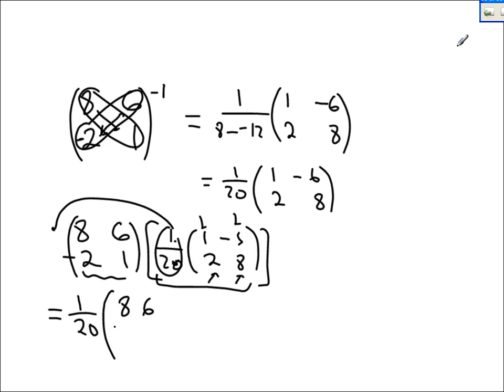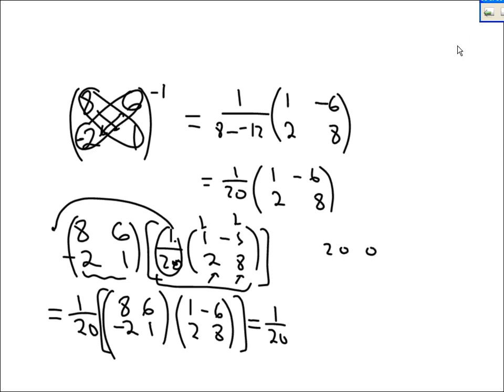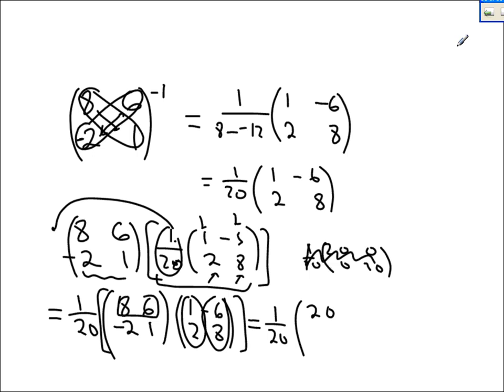So first, I'm going to do the two matrix multiplications. Then, and only then, will I multiply by 1 over 20. I better get 20, 0, 0, 20, so that when I multiply by 1 over 20, I'll get the identity matrix. Okay, this times the first row gives me 8 and 12, which is 20, looking good. When I dot it with the second column, I get negative 48 plus 48.